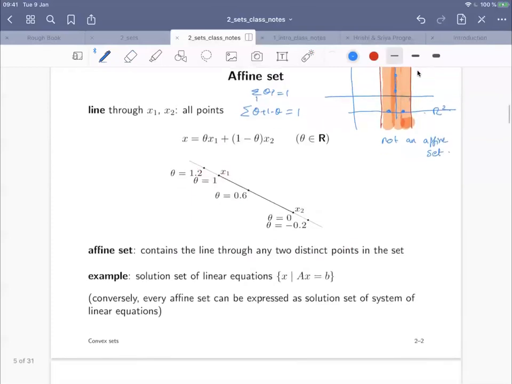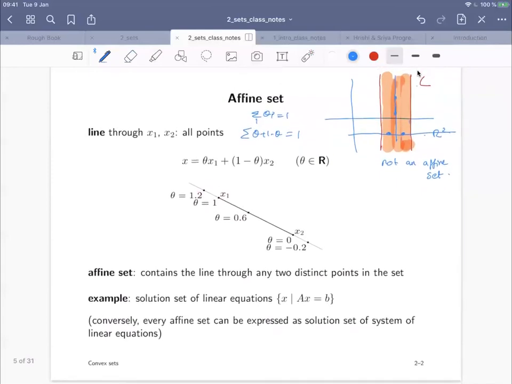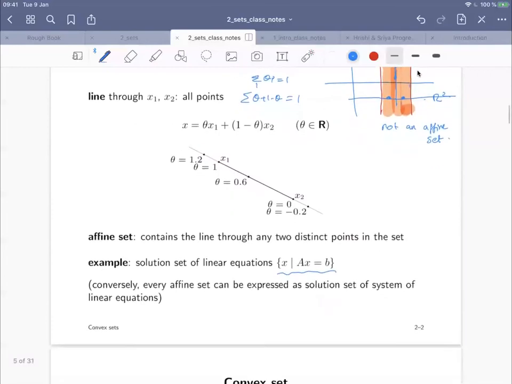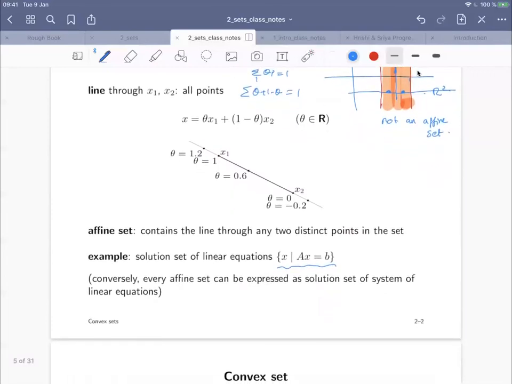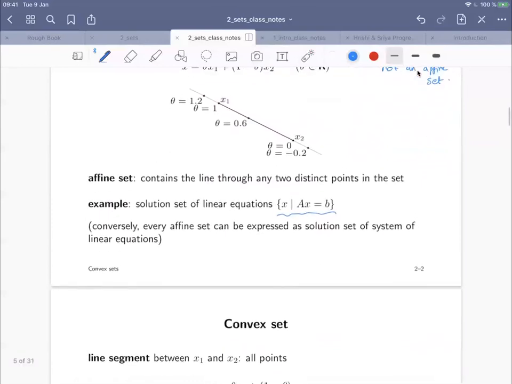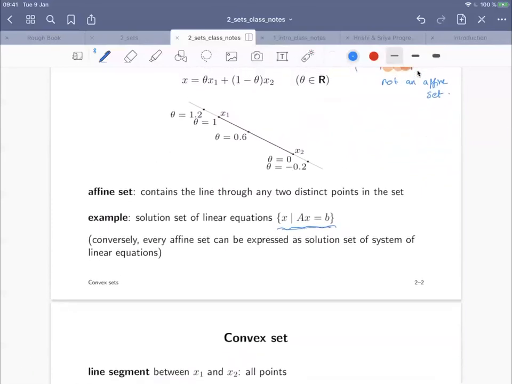Okay, so what are the examples of an affine set? For example, here a line itself is an affine set. And another example is the solution set of the linear equation Ax equal to b. Why? Let's see whether this set is affine or not. Let's check it out.